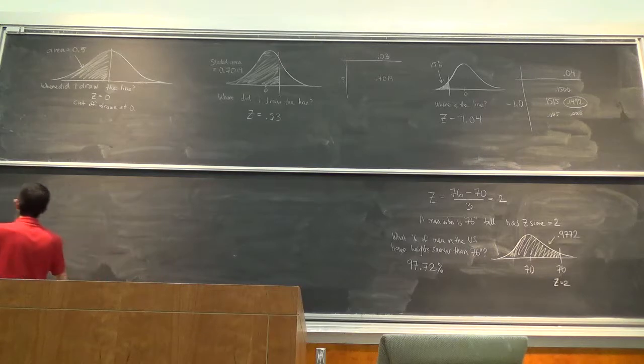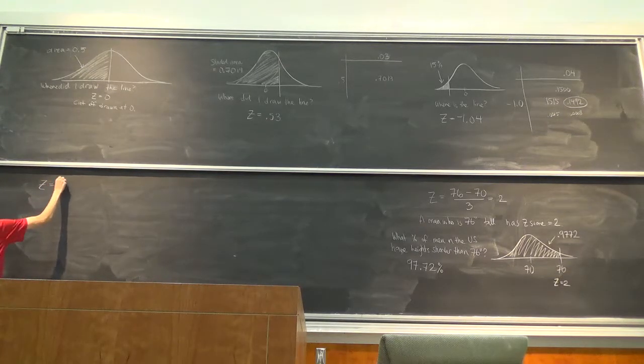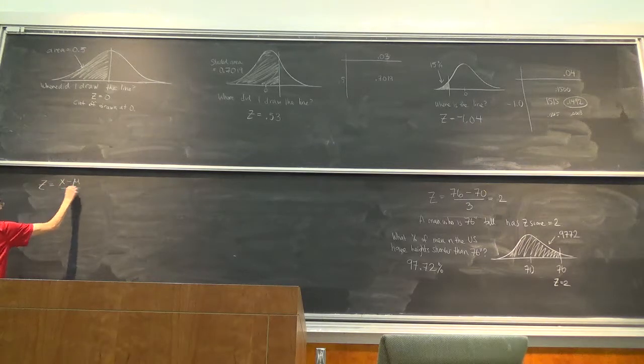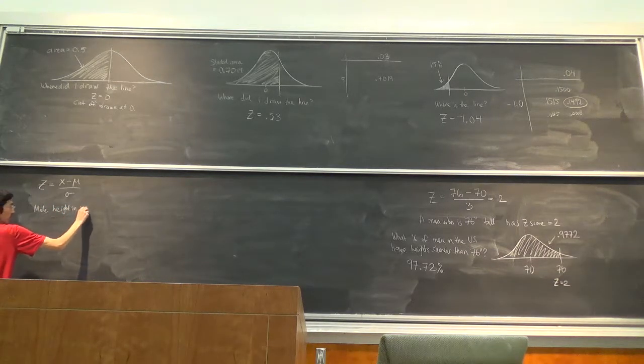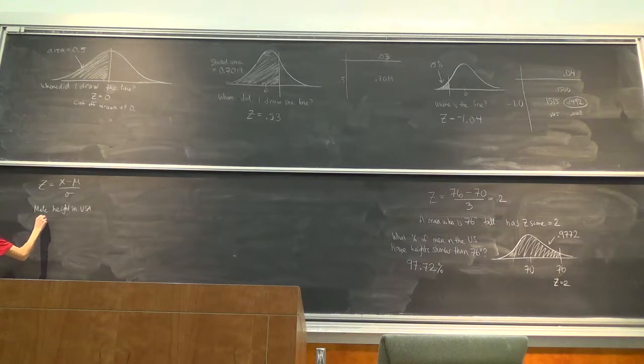Okay, so again, let's say, just repeat, Z is equal to X minus mu over sigma. And for male heights in the US, the mean mu is equal to 70 and the standard deviation equal to 3. Okay.